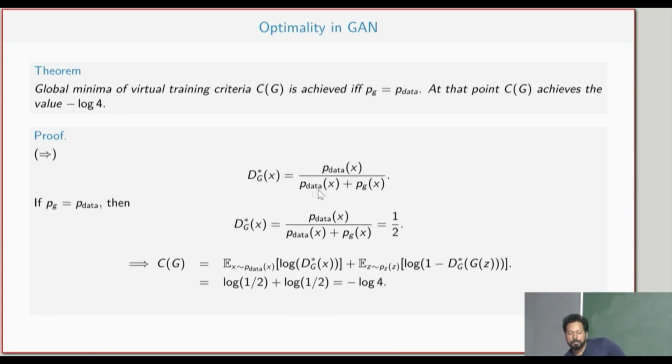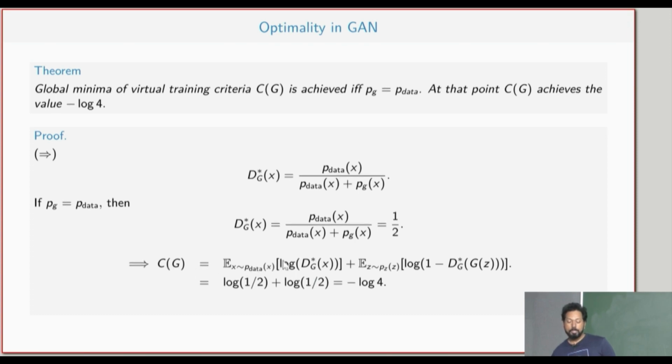The D star is P data by P data plus PG. Let us put PG equal to P data, right? So if we do that, then here we have PG and P data, and whichever you prefer to write in terms of, it doesn't matter, but eventually they will cancel out and you have half. So our D star comes out to be half. Wherever we had D star, let us put half.